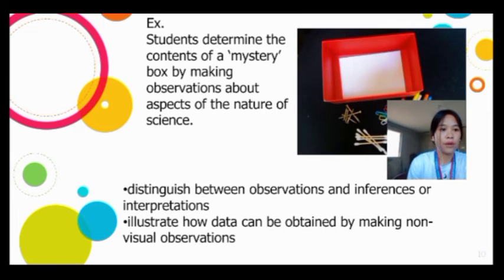For example, students determine the contents of a mystery box by making observations about aspects of the nature of science. So, at the end of this activity, the students should be able to distinguish between observations and inferences or interpretations, and illustrate how data can be obtained by making non-visual observations.